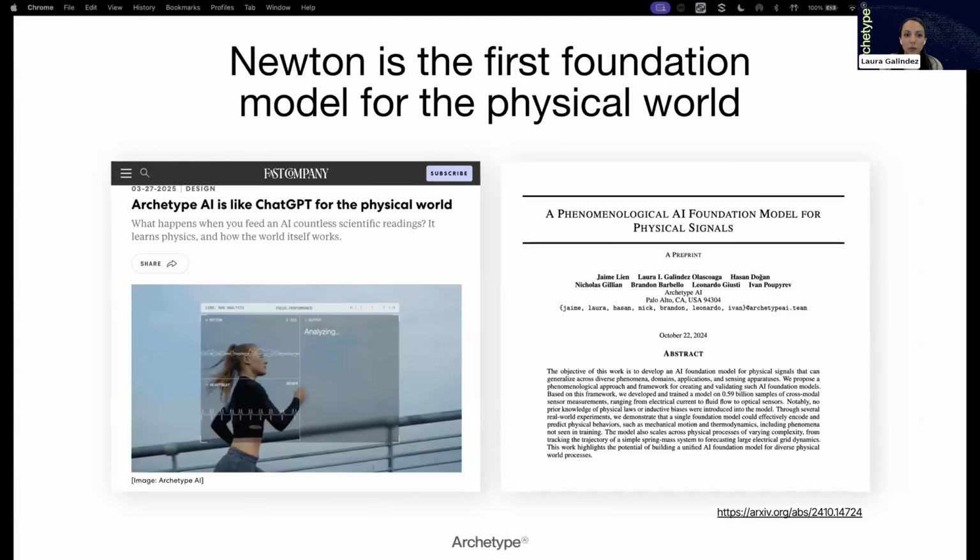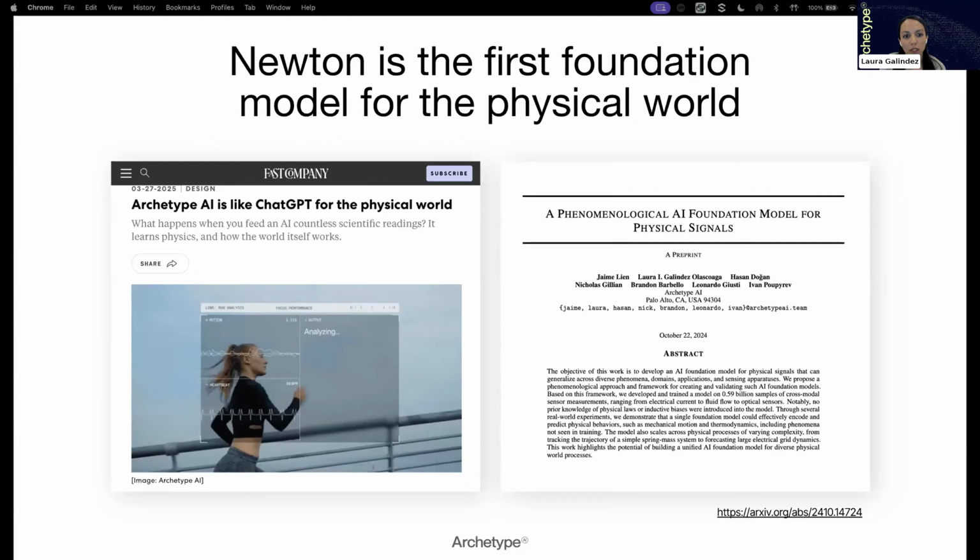So what we are proposing at Archetype is to build a foundation model, which we call Newton, which is designed specifically for the physical world. And the core idea here is the same one that made LLMs transformative. Instead of building narrow bespoke models for every different modality or system, we aim to train a single model on diverse physical data such that it can develop a general understanding of how the physical world behaves.